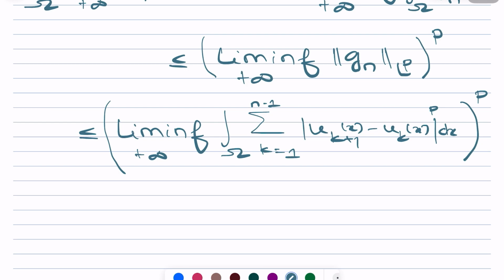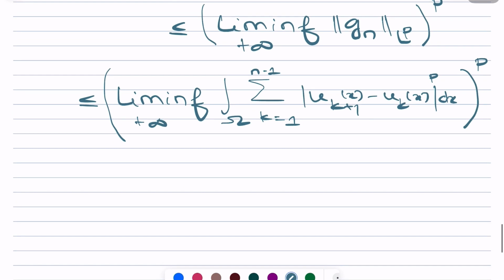Okay, so now what you do is that you shift this out of the integral. You put the sum outside of the integral, and you apply the Minkowski inequality.